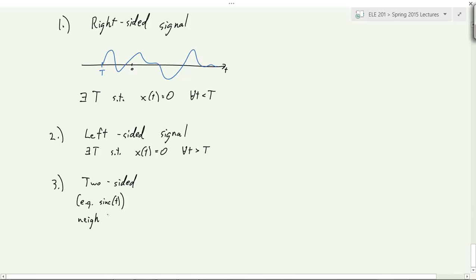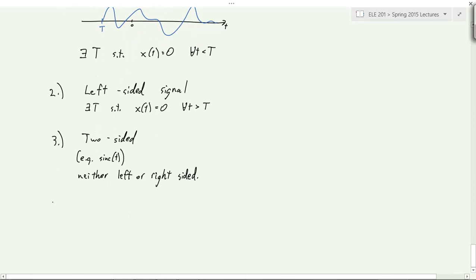This is where the naming is unfortunate, because mathematically, this is the precise way to say what it means: neither left nor right-sided. But we call it two-sided because right-sided is actually defined by what happens to the left, and left-sided is defined by what happens to the right. We want it not to be cut off in either direction. So it's neither. That's just some unfortunate naming.